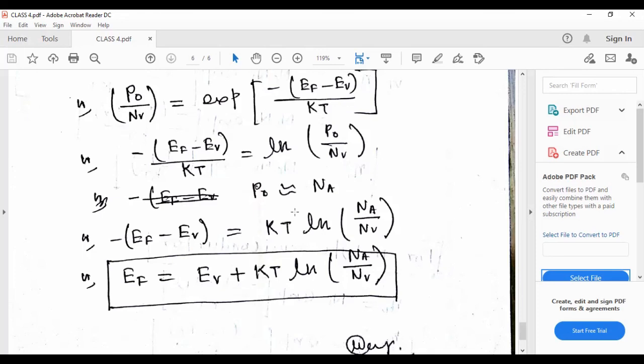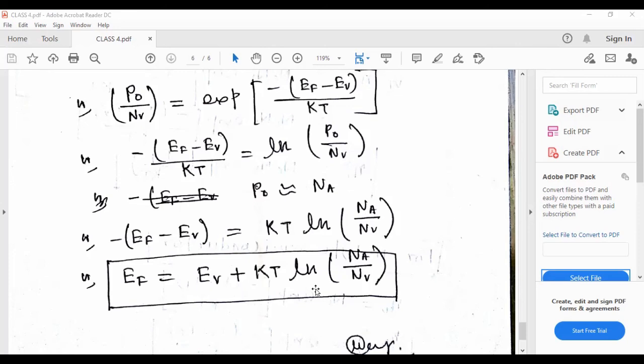What is Na? p0 is Na, because for a p-type semiconductor the hole is the majority carrier, and holes come from whatever trivalent impurity you are adding, meaning acceptor impurities. Trivalent impurity is called acceptor impurity, and pentavalent impurity is called donor impurity, because it is donating electrons, and the trivalent impurity is accepting electrons.